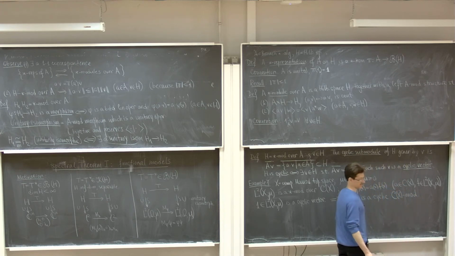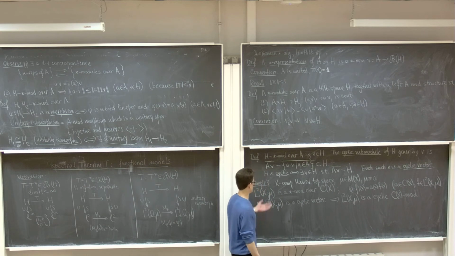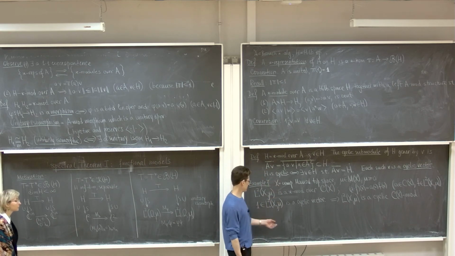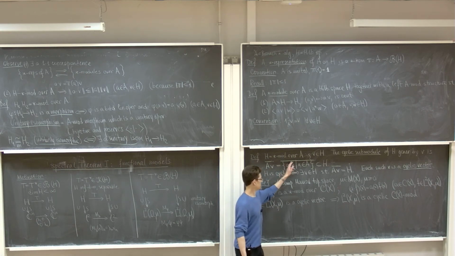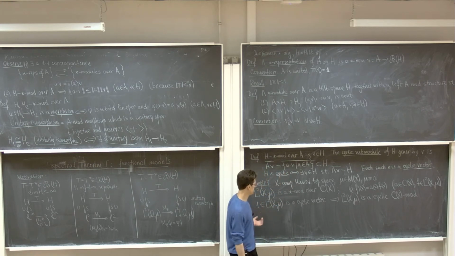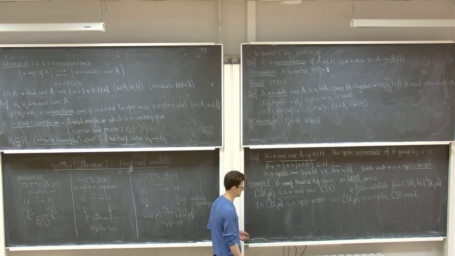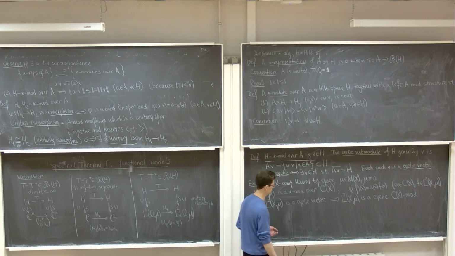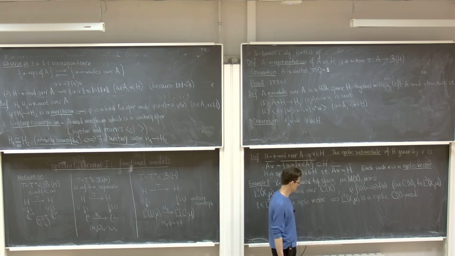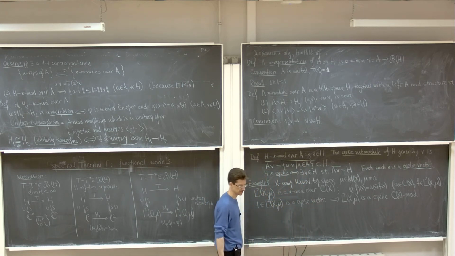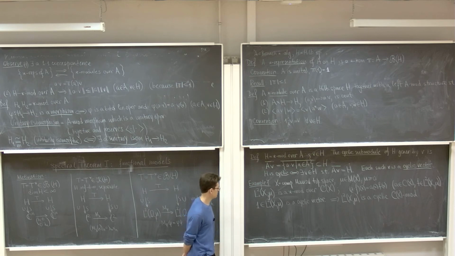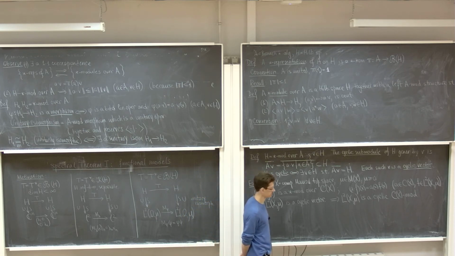And why is it a cyclic vector? Well, if we look at the definition, we see that if we look at this submodule before we take the closure, we get just the canonical image of C of X in L2 of X. And we discussed in the previous lecture that for each positive finite Radon measure, this subspace is dense in L2 of X. So this is a cyclic vector.